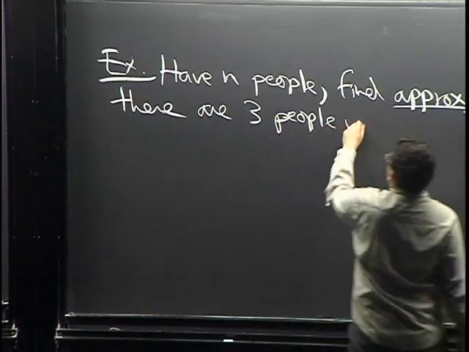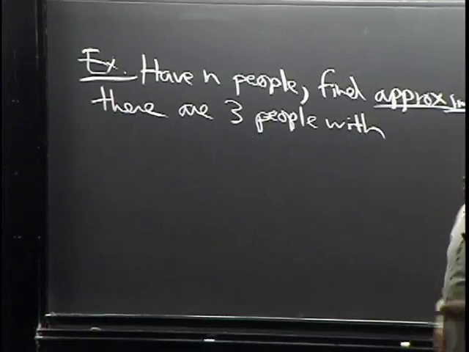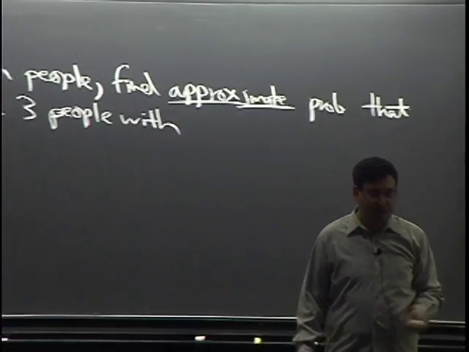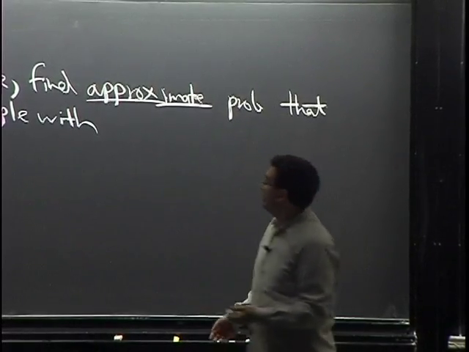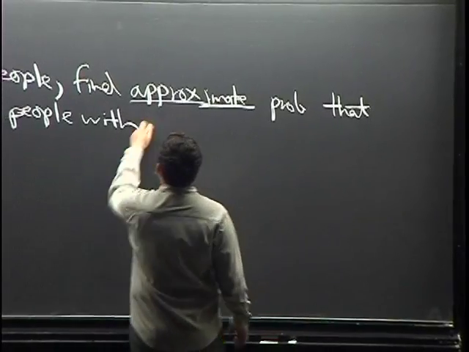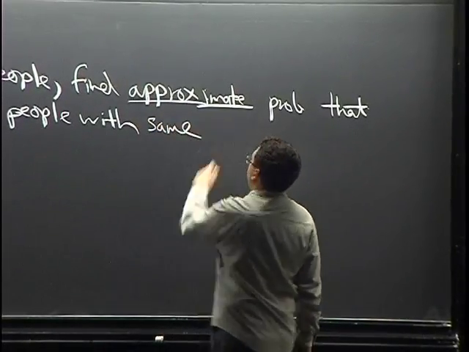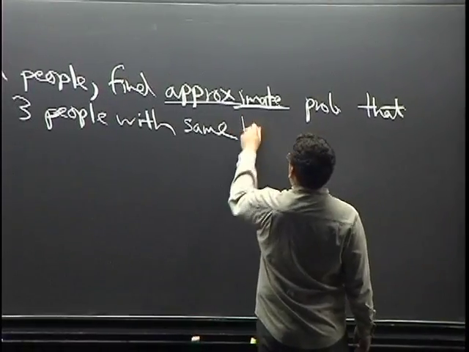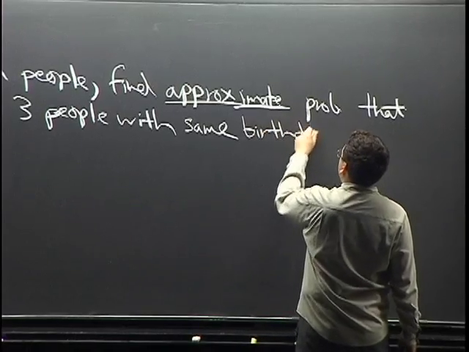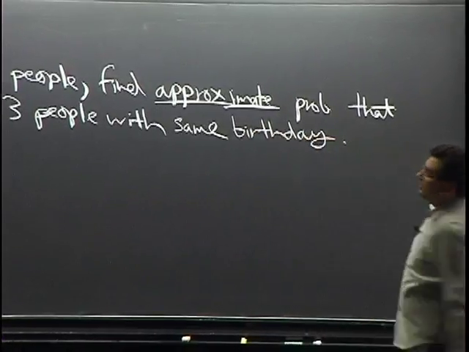So if you try to do this in a way that's analogous to how we solved the original basic birthday problem, this is actually pretty difficult. Very difficult. You can try it, but it's not going to be nice. Okay? But with a Poisson approximation, this should be pretty easy.